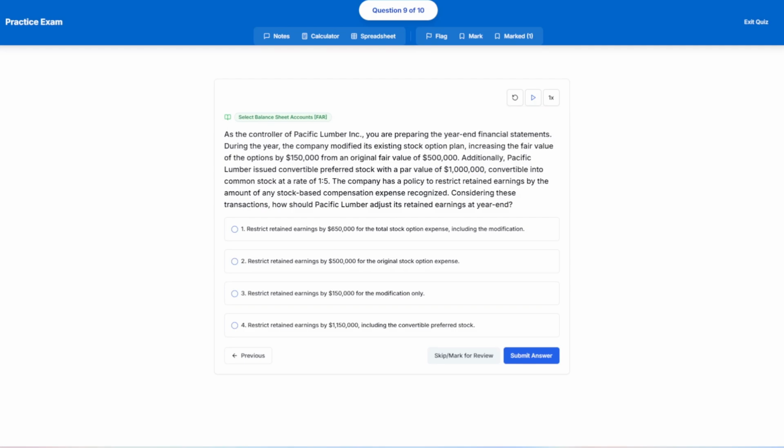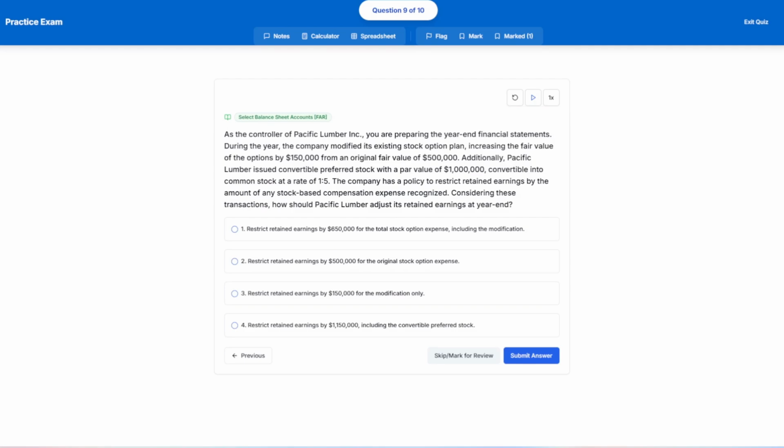The key accounting principle being applied is the treatment of stock-based compensation expenses. According to ASC 718, when you modify a stock option plan, the incremental fair value from the modification must be recognized as additional compensation expense. This means you add the original fair value of the options to any increase in value due to the modification to determine the total expense.